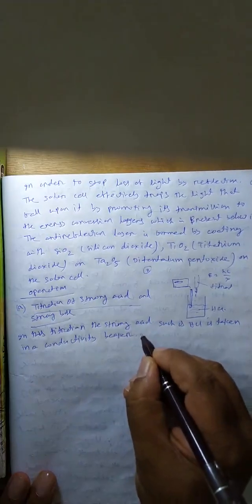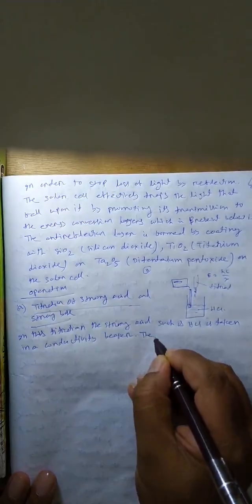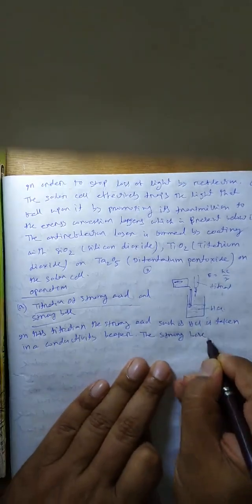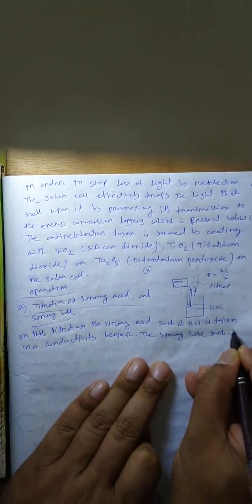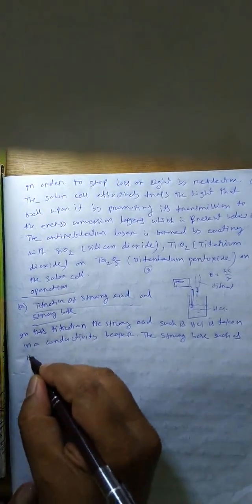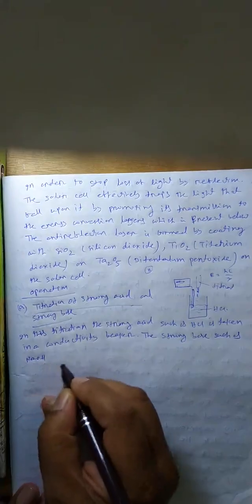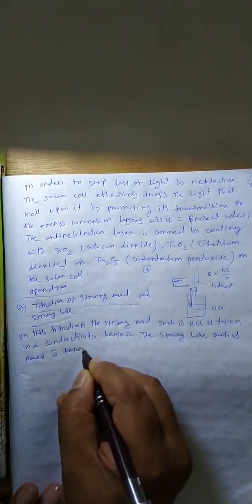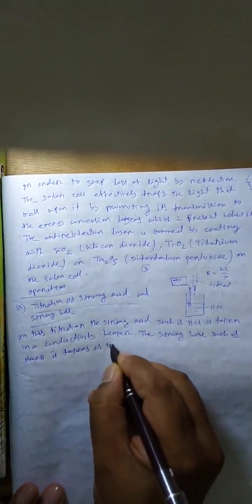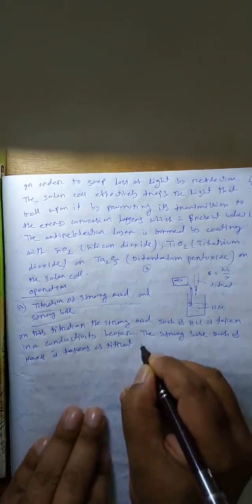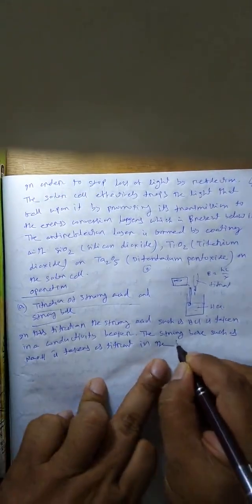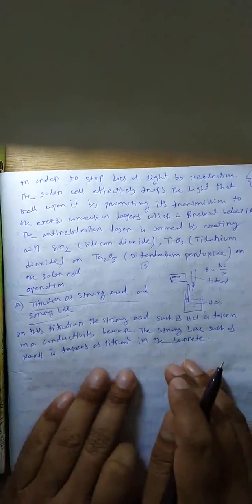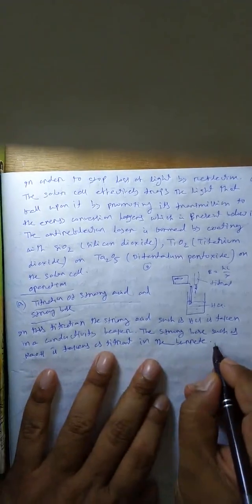The titrant, a strong base such as sodium hydroxide, is taken in the burette. In the burette we take the titrant sodium hydroxide, the strong base.